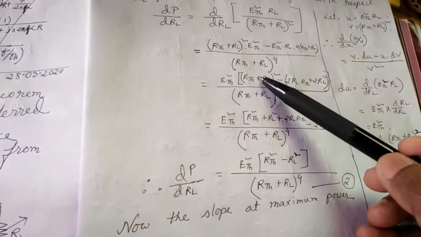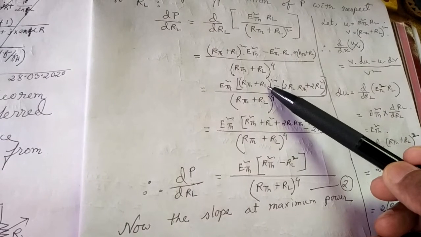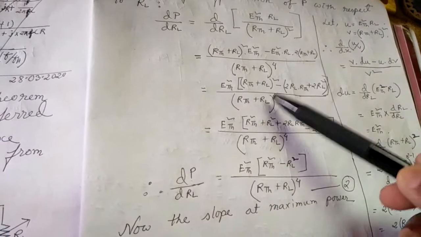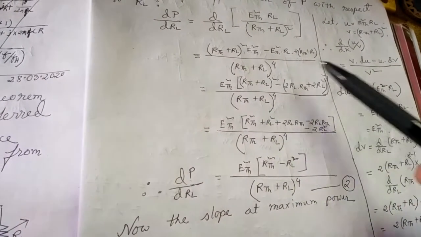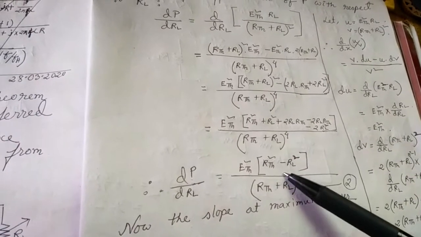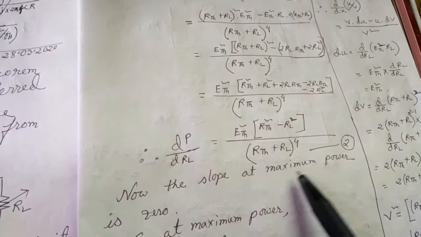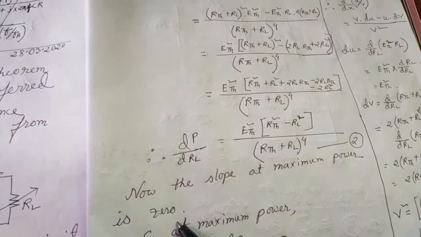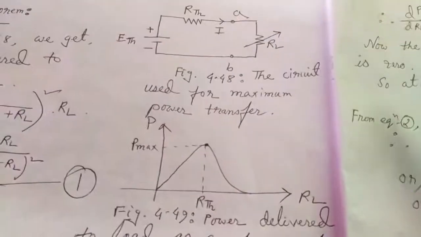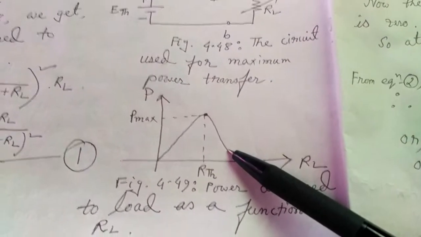This is a simple formula, the a plus b whole square formula, a square plus b square plus 2ab, and after calculation we get this. Now the slope at maximum power is 0. This is the condition. For this condition we have drawn a figure.